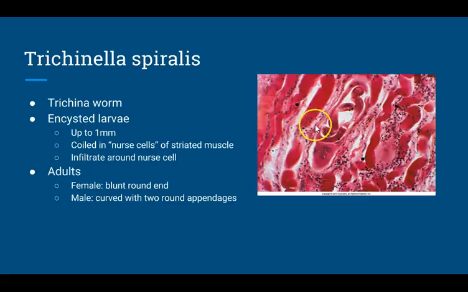So this is it in here, and it's inside of a cell, and it makes an infiltrate around the cell. The female has a blunt round end, and the male has a curved posterior with 2 rounded appendages.